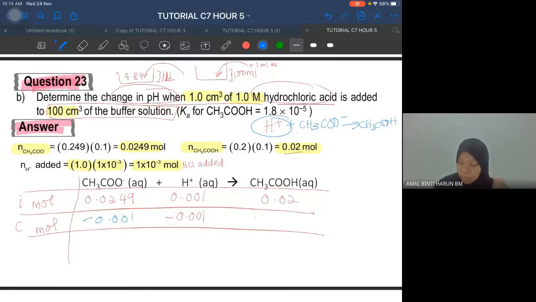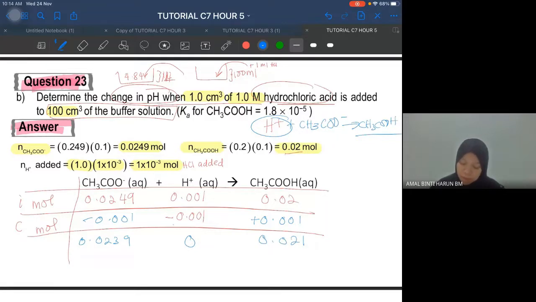So the acid will increase, forming ethanoic acid, increasing by 0.001. The final number of mole of salt will be 0.0239. This one, the acid added, is finished at 0, and the weak acid is 0.021.